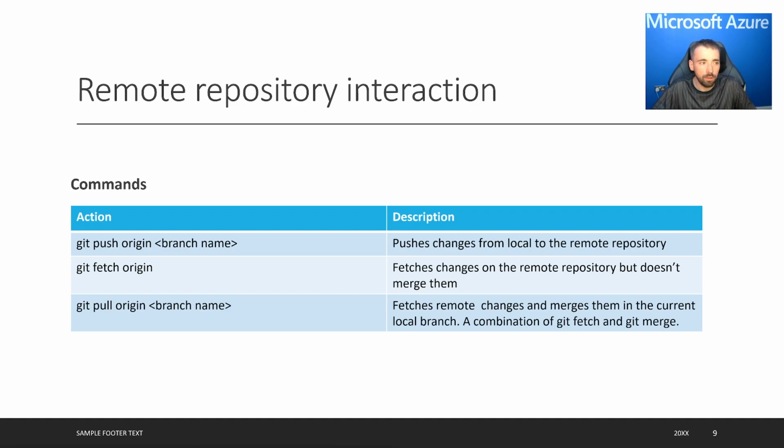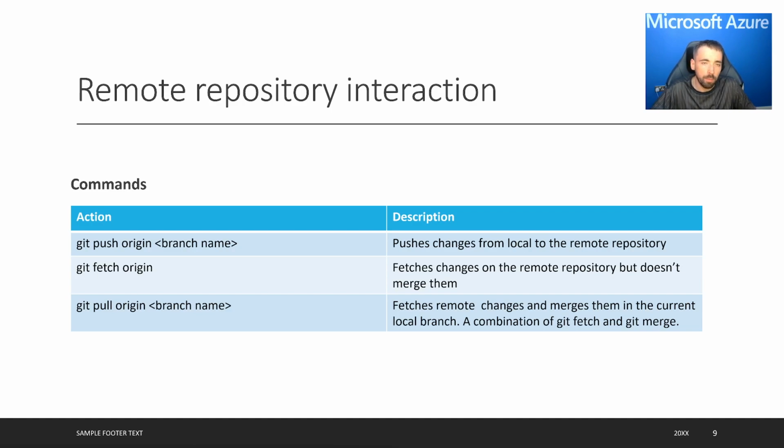And what git fetch does is it downloads any new branches and git history, but it doesn't merge the code. So if someone's changed something in my branch on the remote repository, git fetch won't download those changes and merge them into my local repository.